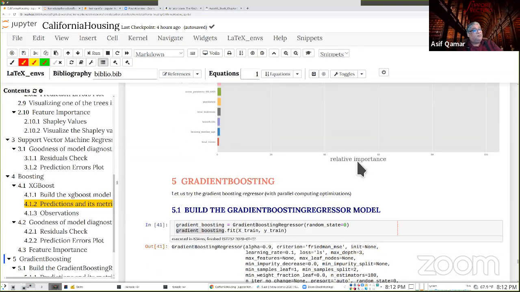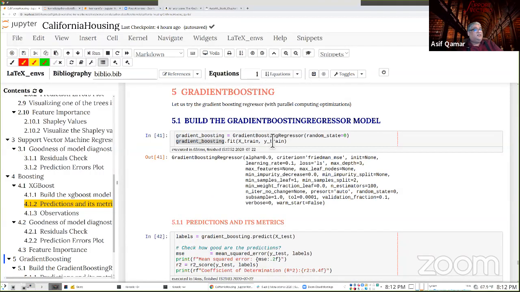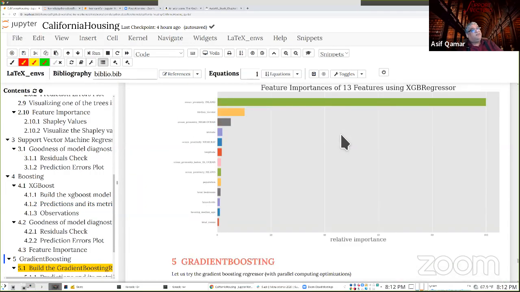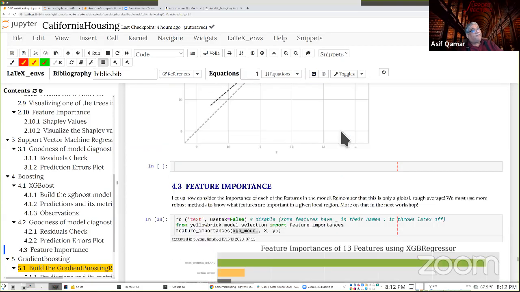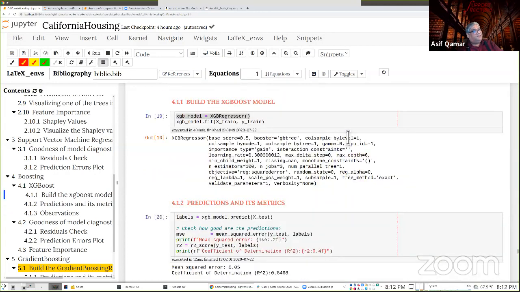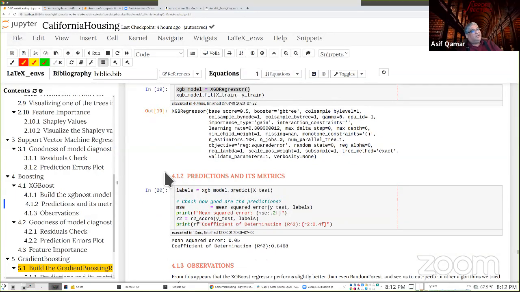What other models form. There is another version of boosting that we can invoke, which is gradient boosting. So one thing you notice is that when I build this model, XGBoost, it built itself in 404 milliseconds. On the other hand, it's a very simple problem, the California dataset.